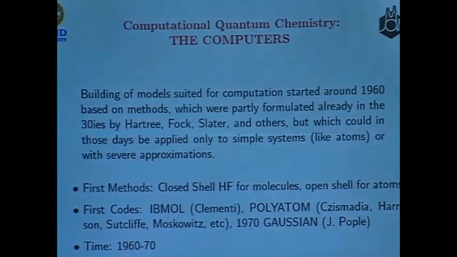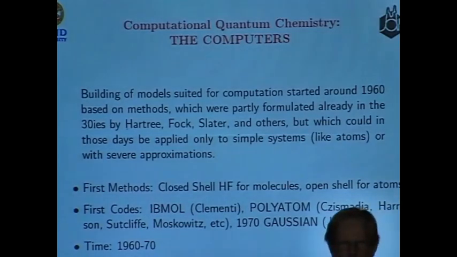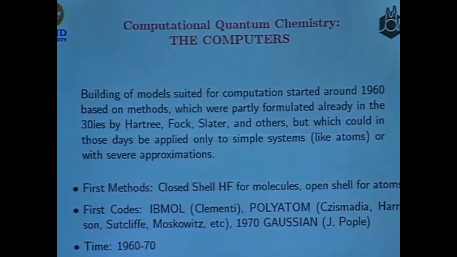Mr. Pople, who has become Mr. Quantum Chemistry in a sort of way, didn't like this in the 60s. He didn't think it was fast enough. He said, okay, you can do it, but it takes a long time. And I know myself that it took a long time, because when I started my scientific career using this program, we were doing molecules like ammonia, Hartree-Fock calculations, and it took a very long time.